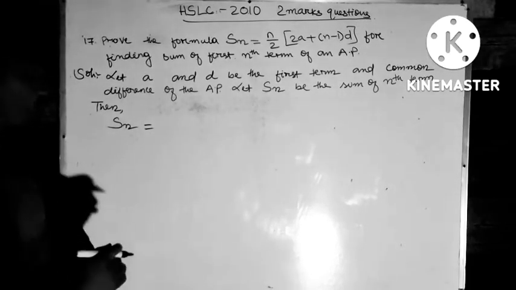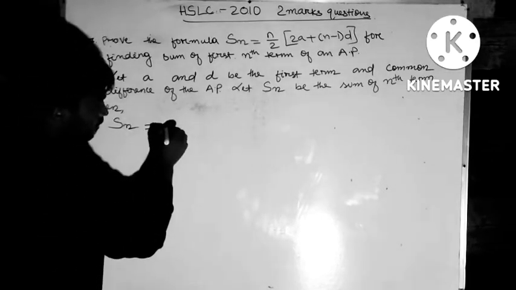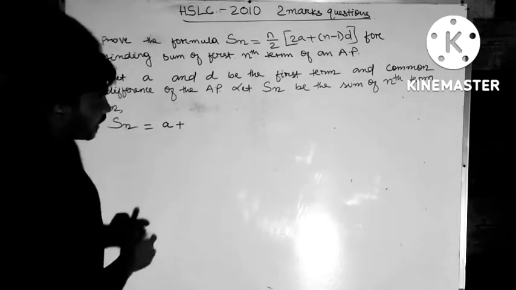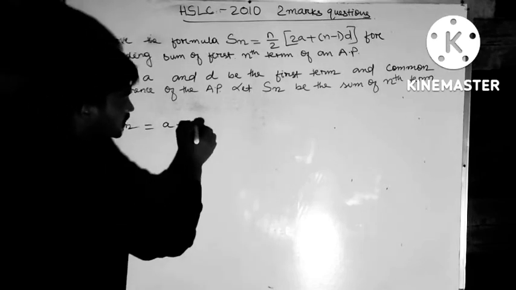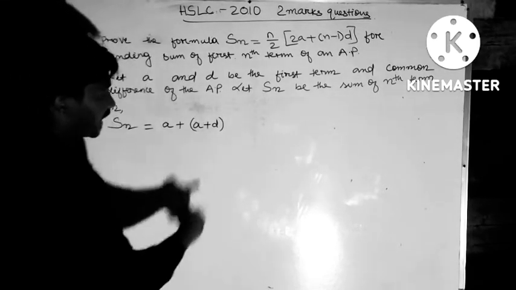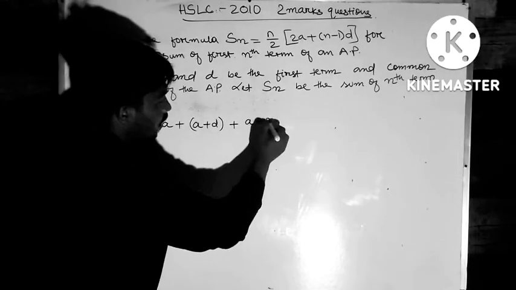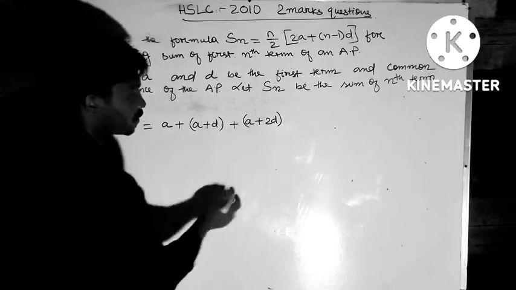In arithmetic progression, you have to know that the first term is always denoted by a. After that, the second term is first term plus common difference, and the third term will be equal to what? First term plus twice the common difference. It will go like this.